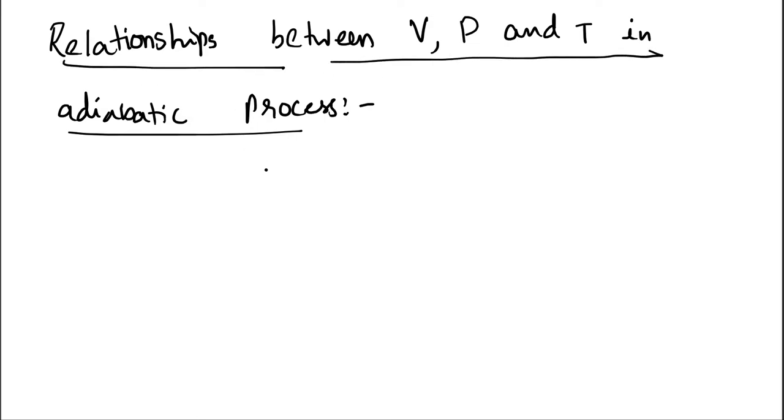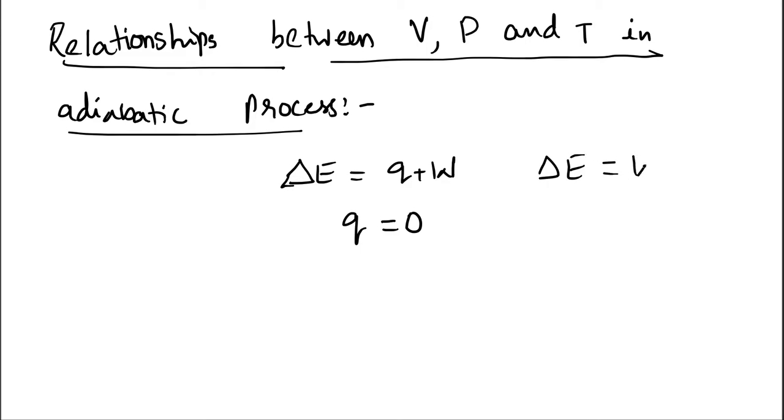And we know the first law of thermodynamics, that is delta E equals Q plus W. For adiabatic process, Q equals 0, therefore we get delta E equals W. Now let's apply this for a small change. A little work is done by using the little internal energy.